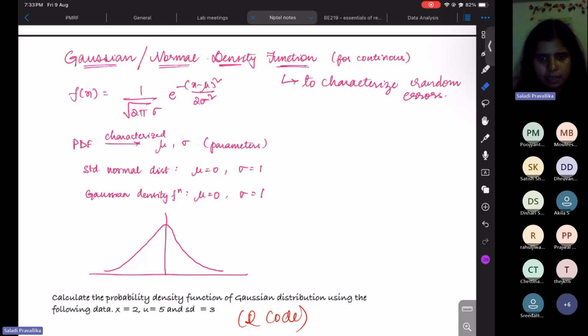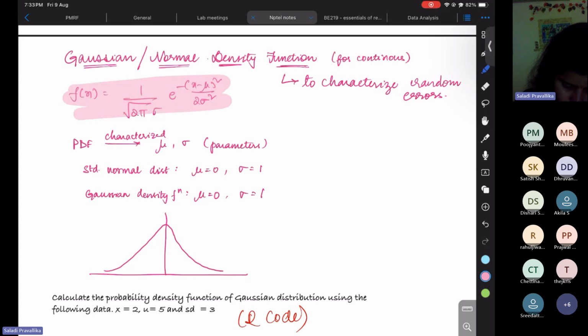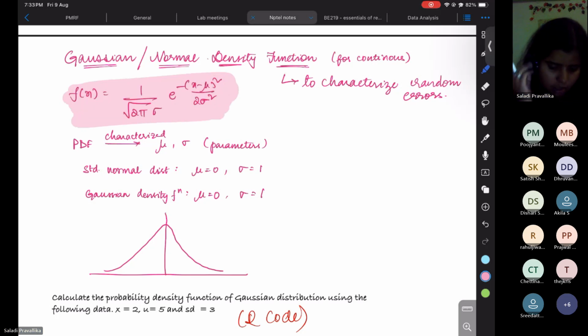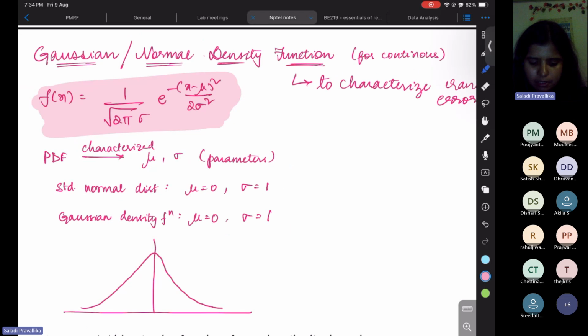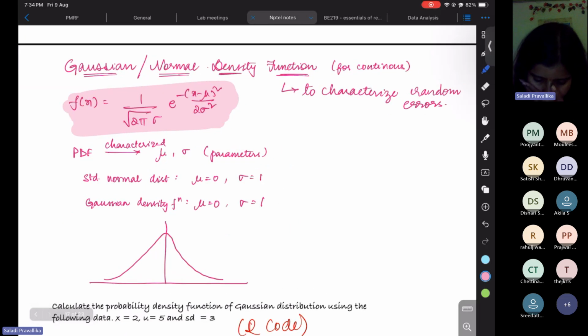So it is a continuous graph like this. So it's a mountain without a peak, right? So this is the function that is used to represent the Gaussian function. Here mu is nothing but the mean and sigma square is nothing but the variance.